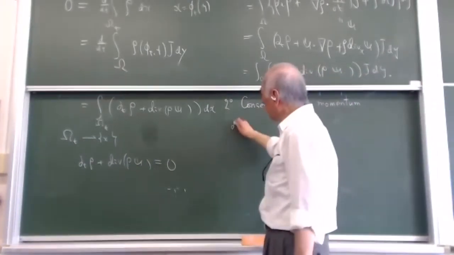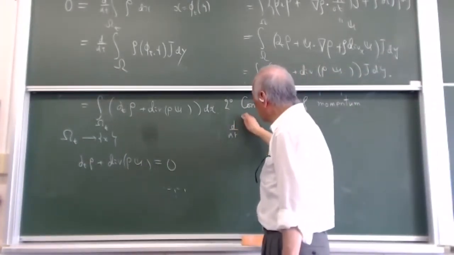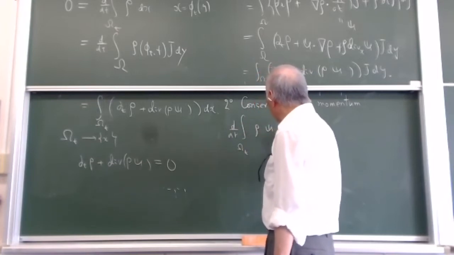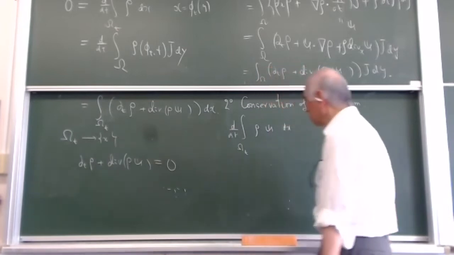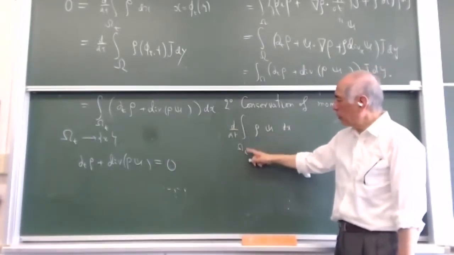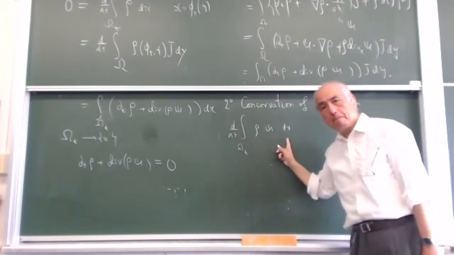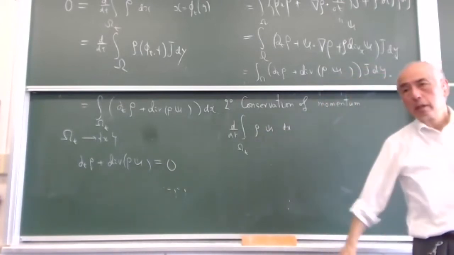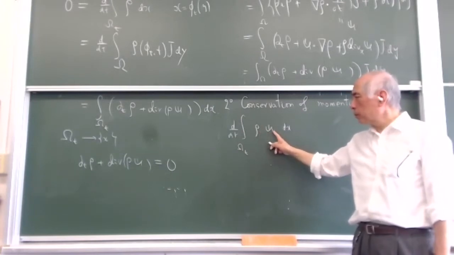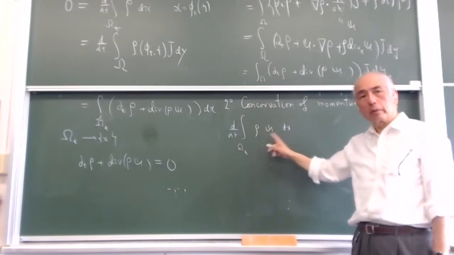First, we consider the change of momentum with respect to time. The integration of rho u on omega t is the momentum. So this is mass times velocity. It is momentum.